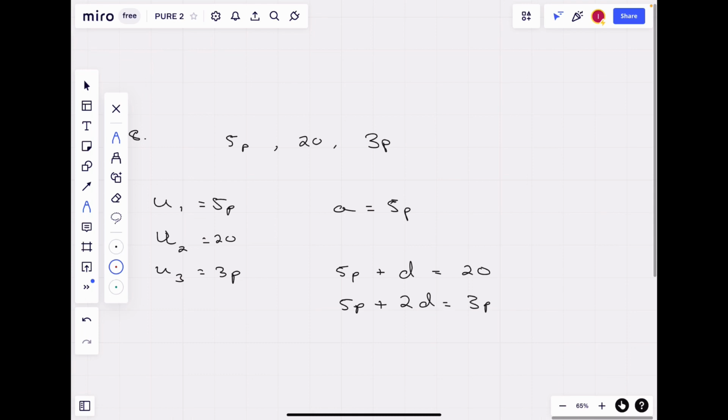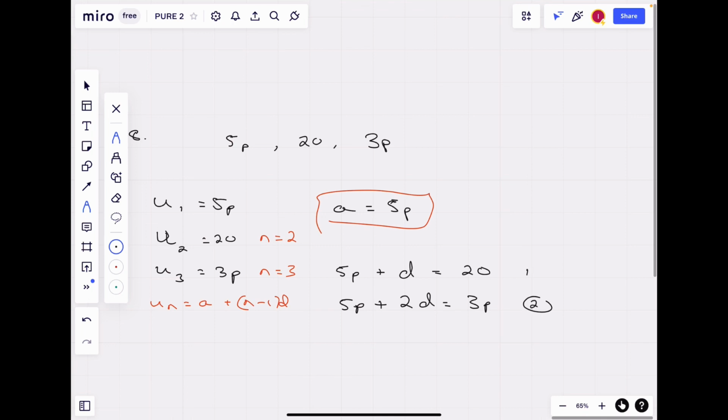So that's me applying un equals a plus (n minus 1)d, where for u2, n equals 2, and for u3, n equals 3. And in both cases, a equals 5p. We don't have d yet, so we just leave it as d.